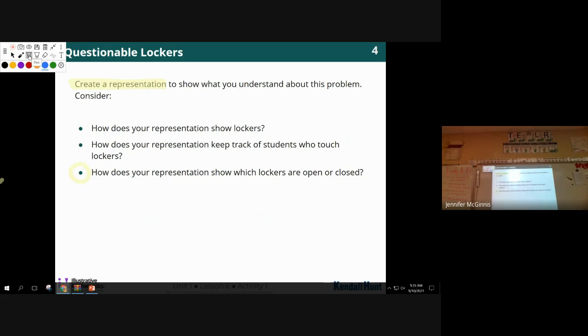When I say create a representation, do you have to draw a picture? No. Can you? Yes. Do you have to write a bunch of numbers? No. Can you? Yes. Create a representation showing what you understand about this problem. Do you want me to go back to the previous slide so you can see the numbers? Yeah. Like see the rules?